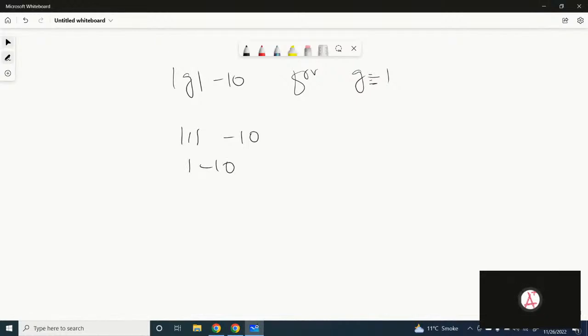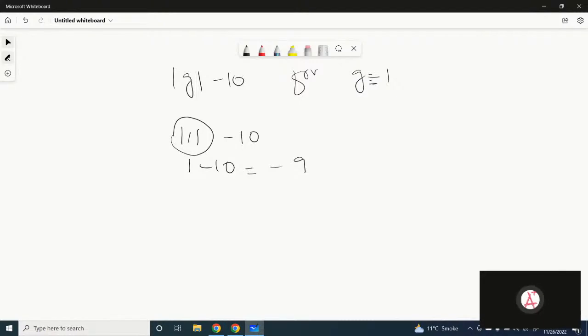So 1 minus 10 is negative 9. Got it? So put the value of g and calculate the absolute value. g equals 1, so the absolute value of 1 is 1, so it would be 1 minus 10, and 1 minus 10 is negative 9. Got it?